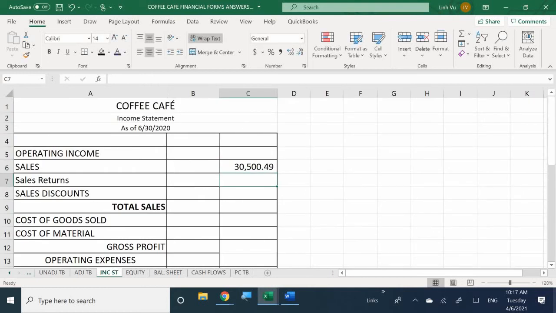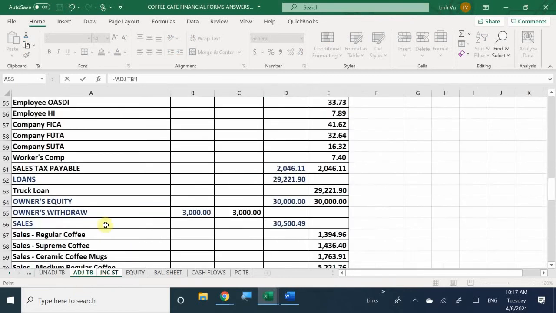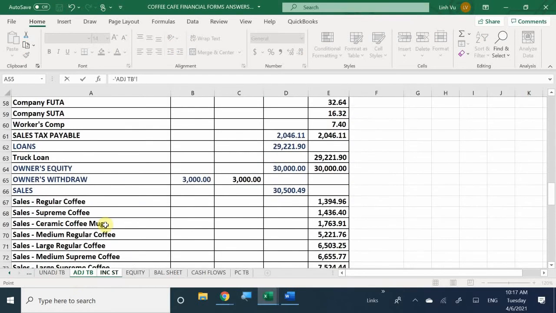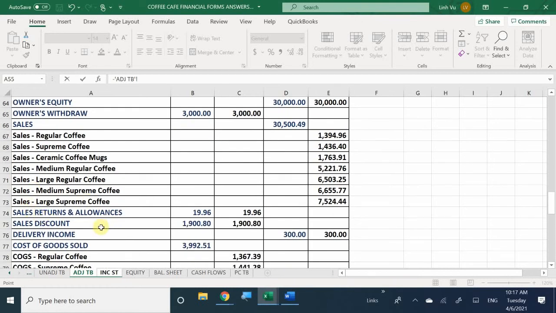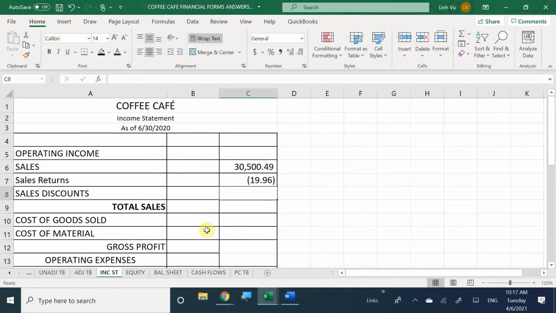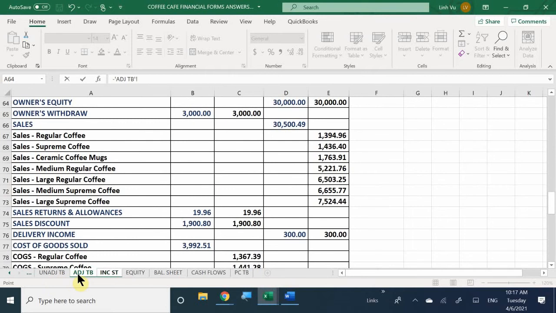30,549. Now, things that counter against it is going to be a sales returns and sales discounts. So, what was my sales returns? 1996. And then lastly, what was my sales discount? So all I did was I just put a negative before the number.